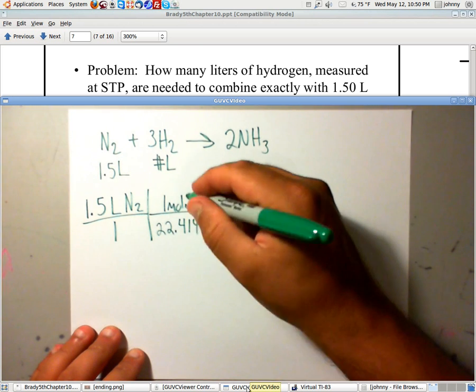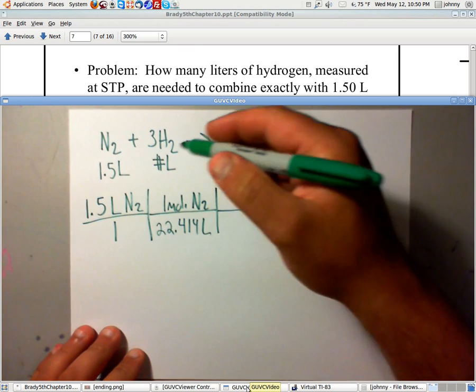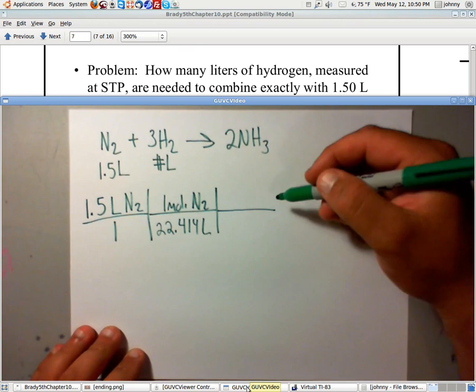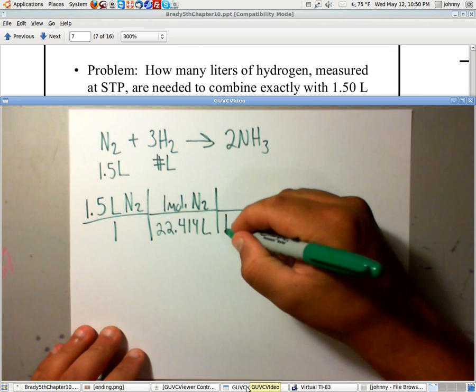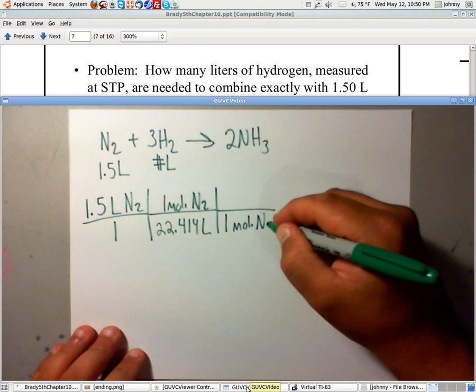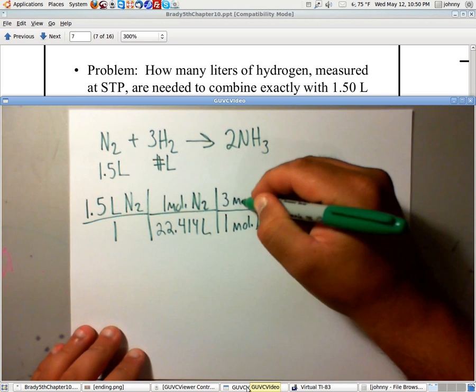Now we need this step technically so we can use stoichiometry, basically the coefficients in the balanced equation, the 1, the 3, and the 2. But here, notice that we only have 1 N2. So here I'm going to write 1 mole of N2. Now here, notice that I have 3 moles of H2.